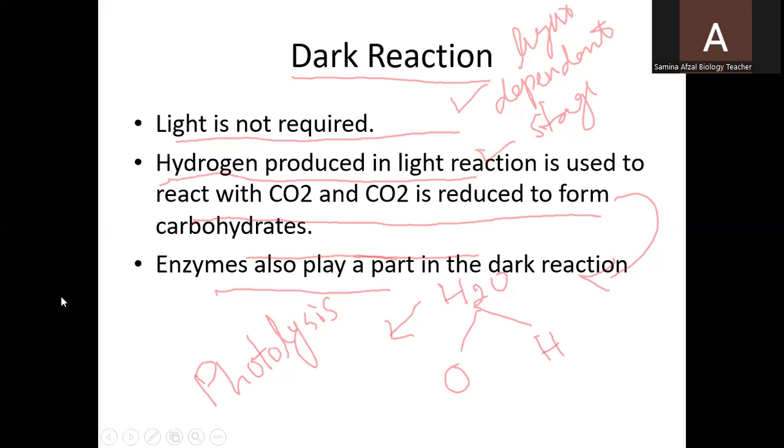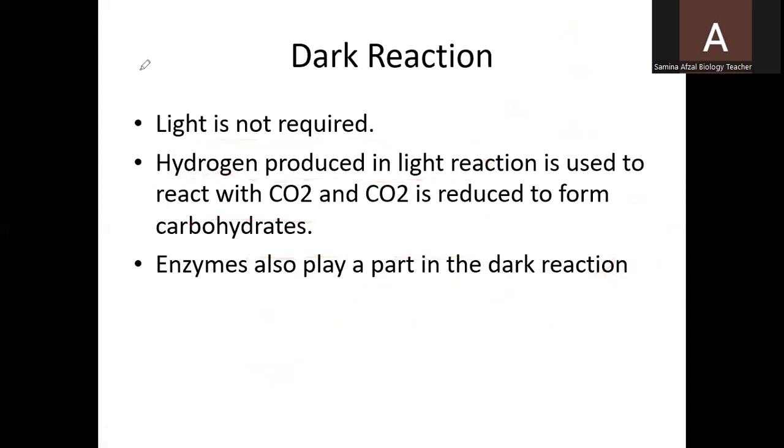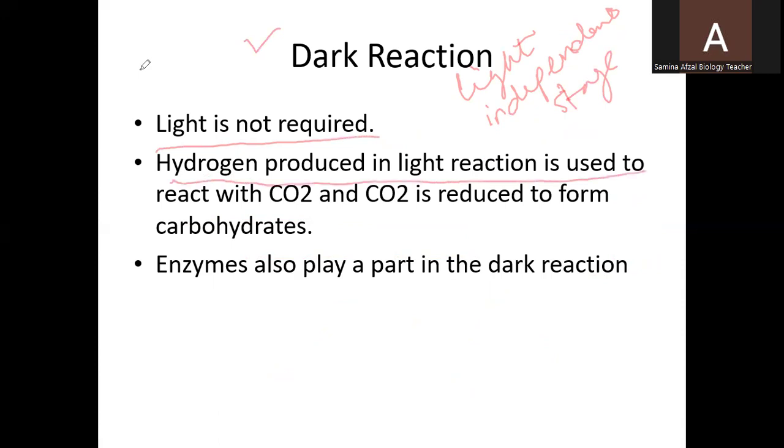The next stage, which can take place in the dark, is called the light independent stage, or the dark reaction. So light is definitely not required. Hydrogen produced in the light reaction as a result of photolysis, which we discussed in the previous slide, will react with carbon dioxide, and carbon dioxide is reduced to form carbohydrates.